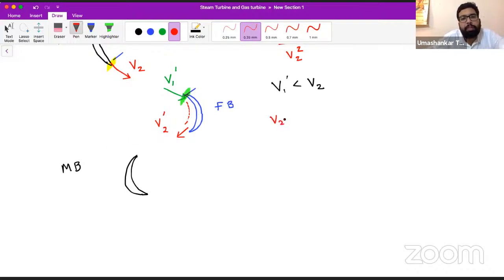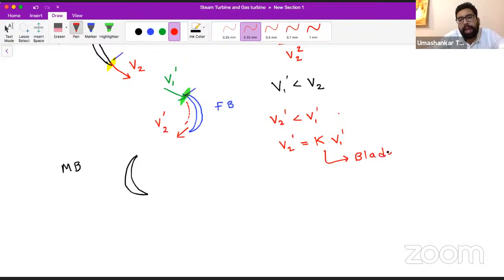Definitely there will be some difference, because there will be some losses, as we have seen yesterday also, that there is a blade coefficient. While the steam flows through the blade, there will be some losses associated with this flow, and the velocity decreases. For that, if you remember, we had this blade coefficient in the last session.